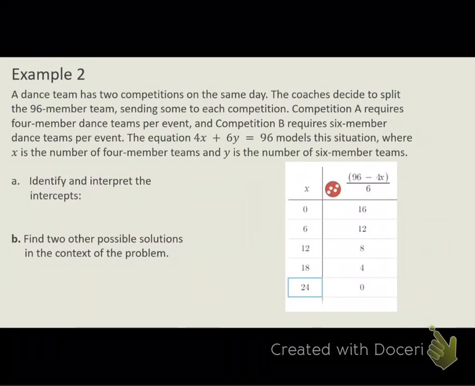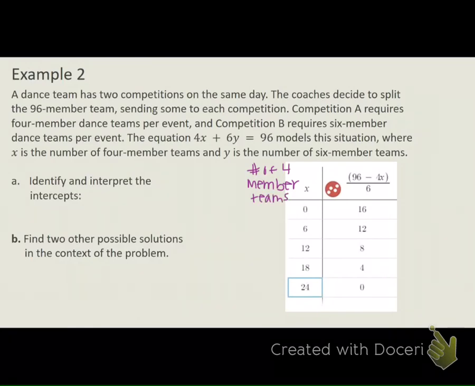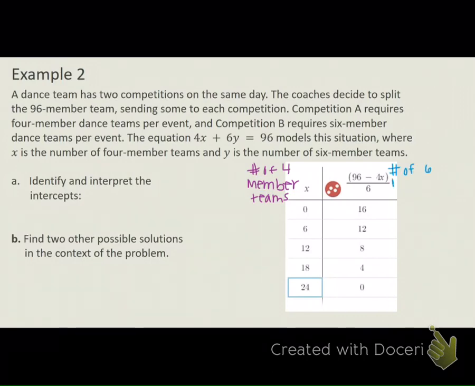The equation 4x plus 6y equals 96 models the situation where x is the number of 4-member teams and y is the number of 6-member teams. So again, I always label my x and y so I know what they mean. So when I go to write up my reasoning with context, I have it there, so I can check myself.